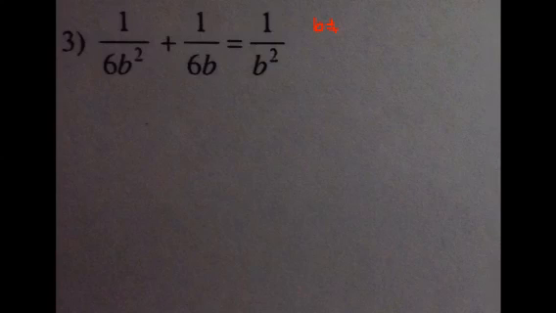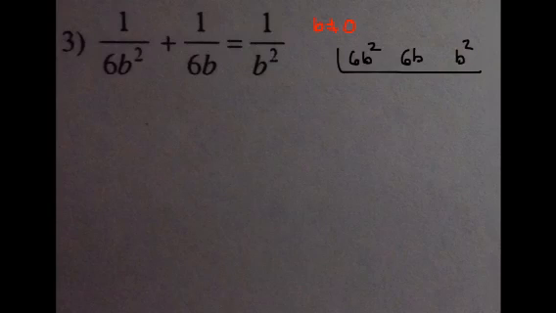Alright, so for number 3, again, b cannot equal 0 because that would make the denominator 0. And for the LCD, we're going to set it up here on the side. A common factor to all 3 terms is b, so I'm going to take out a b. And that leaves me with 6b, 6, and b.